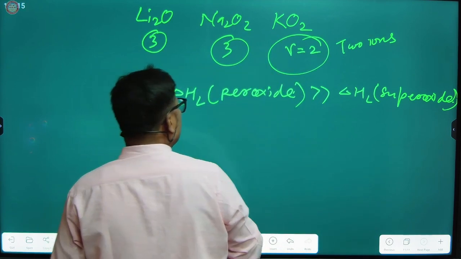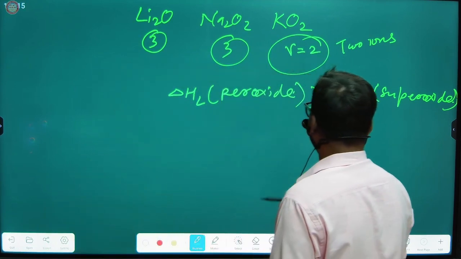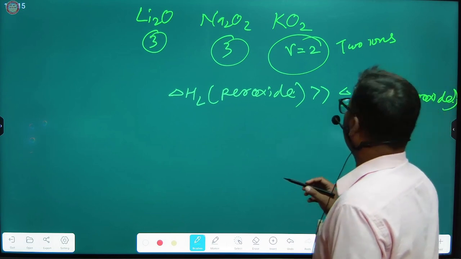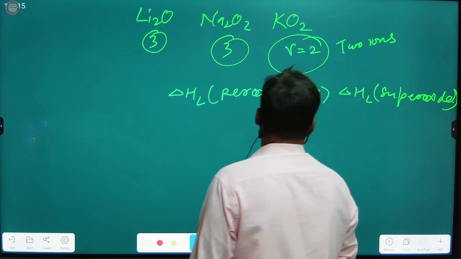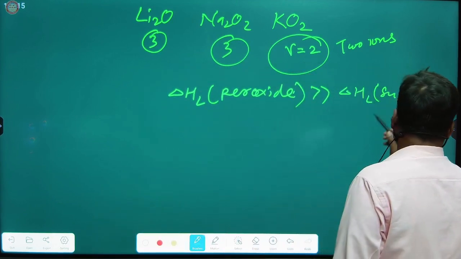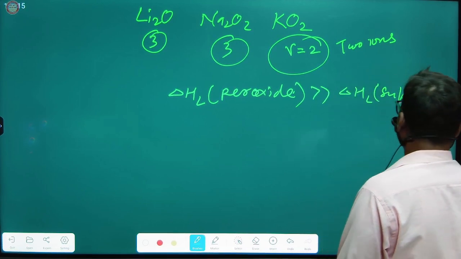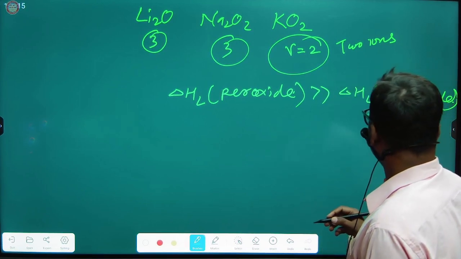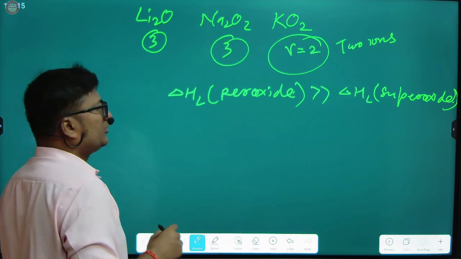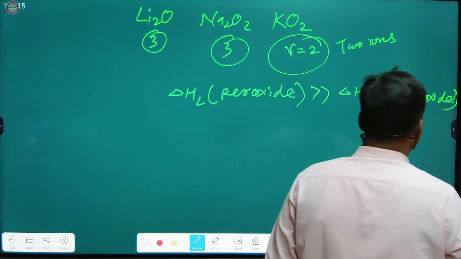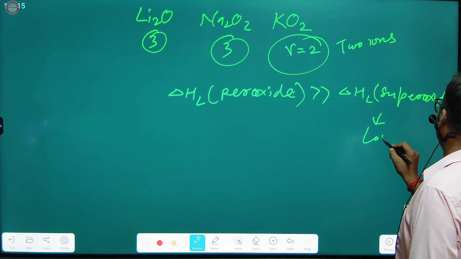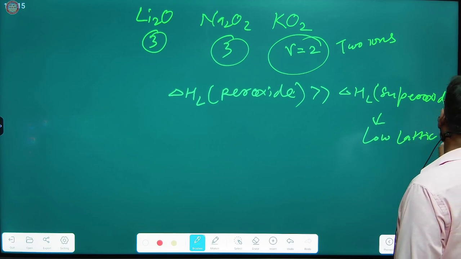If lattice enthalpy is very high, it means that the compounds are more stable, and superoxides are also stable, but they are highly reactive because of low lattice enthalpy compared to peroxide.